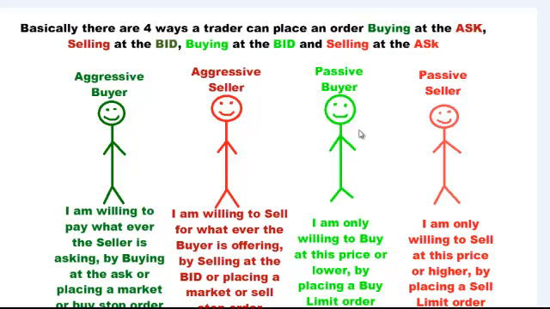So he's being passive. He's being patient. He's waiting for price to come to him, whereas these guys here are coming to price. This guy here is waiting for price to come to him. Same thing with the seller. I'll sell at this price or higher, $100 or higher, and I'm going to be passive about the situation and wait till price comes to me.